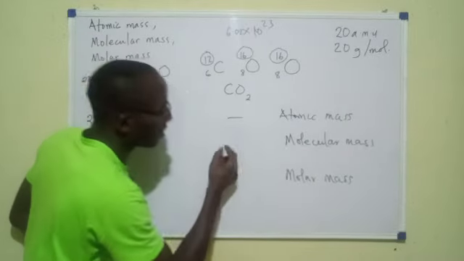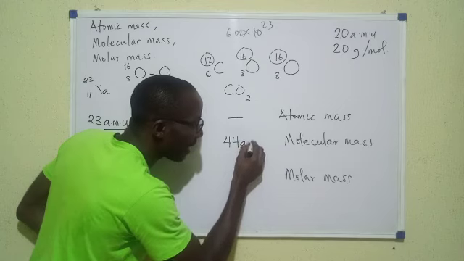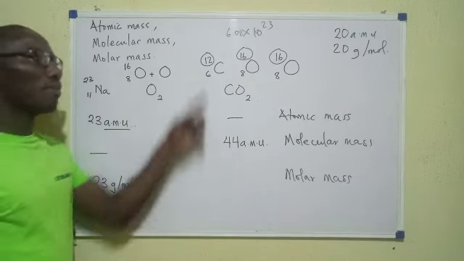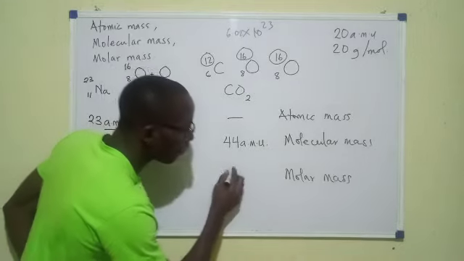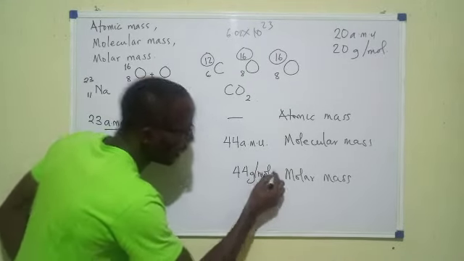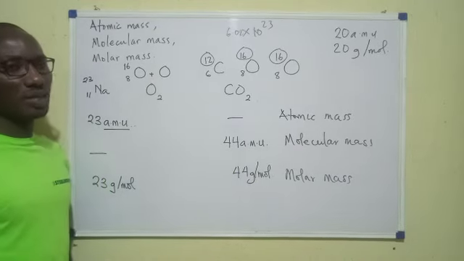If you add these things now, you'll get 44. And what will be the unit? AMU. Alright? But what is the molar mass of CO2? The molar mass of CO2 becomes 44 grams per mole. You see that now? So I got the molar mass from the molecular mass just by changing the units.